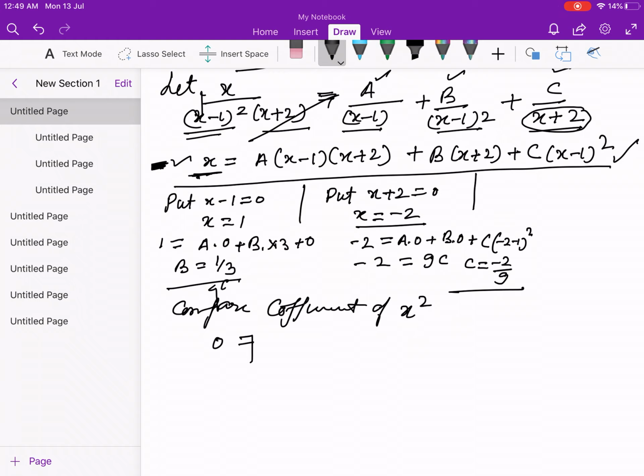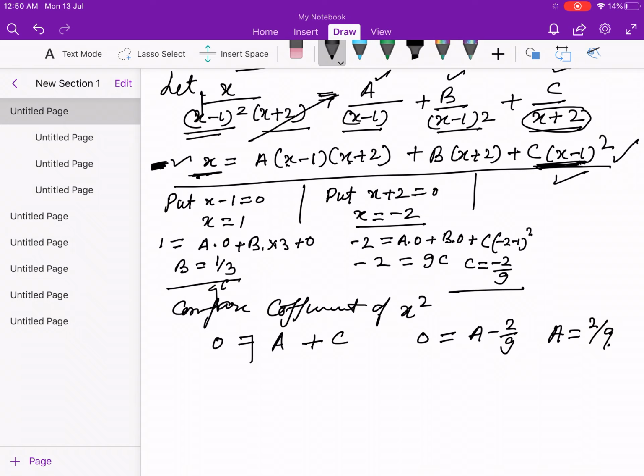On the right side, it is what? x into x, it is a. And if we open the whole square here, it is also x square, so it is c. So what follows here? 0 equals a minus 2 by 9. So a equals 2 by 9.